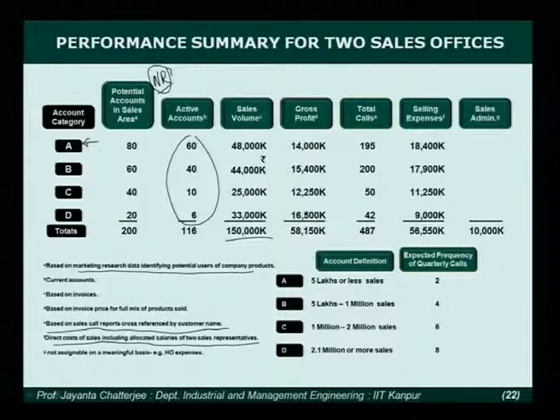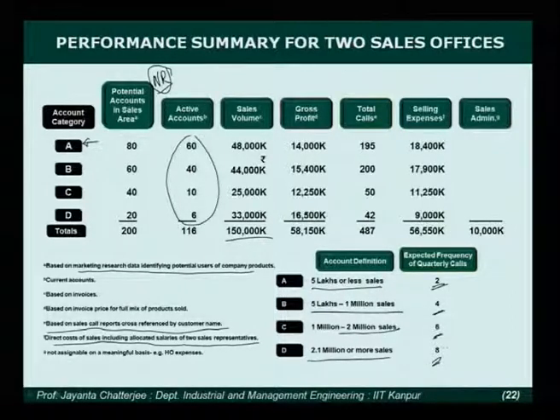As I said, we have created these account categories by steel, cement, petrochemical and so on, or by way of an A category of 5 lakhs or less, a B category of 5 to 10 lakhs, 10 to 20 lakhs, and above 20 lakhs. This kind of customer needs at least 2 calls per quarter, 4 calls, 6 calls, 8 calls per quarter and so on.